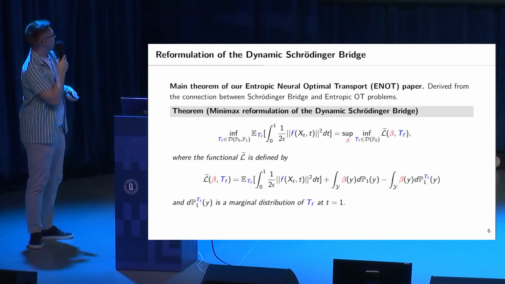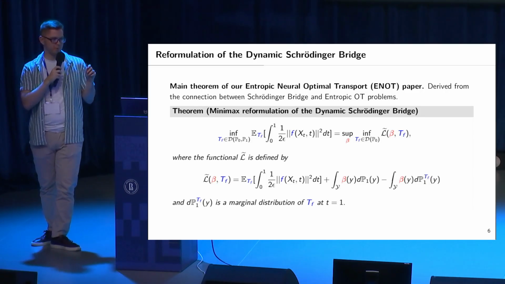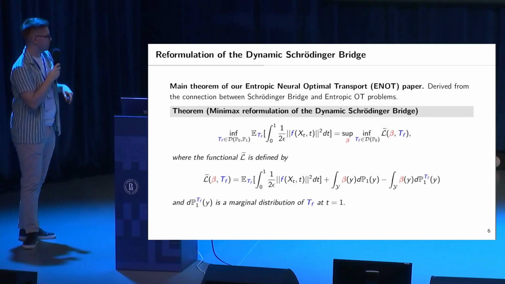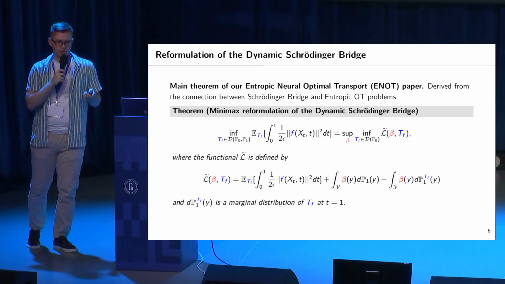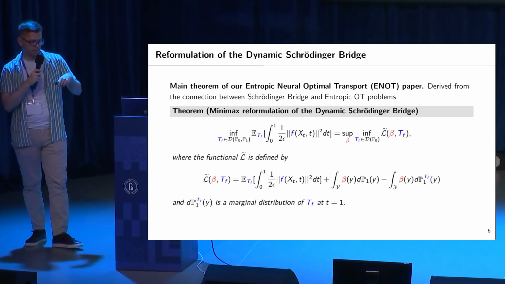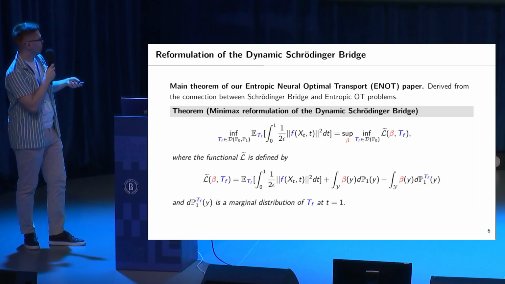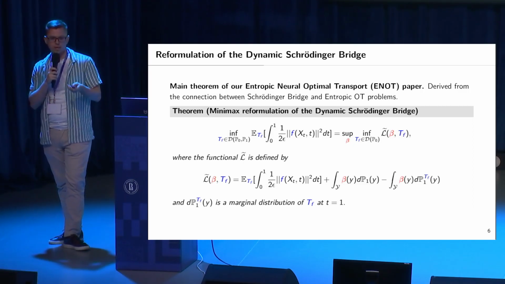Okay, in our work there is a very tough theoretical background, but in the end we obtained a theorem which allows us to reformulate the Schrödinger bridge problem as a maximin problem. Previously we had a constrained problem, but we could not solve it directly.